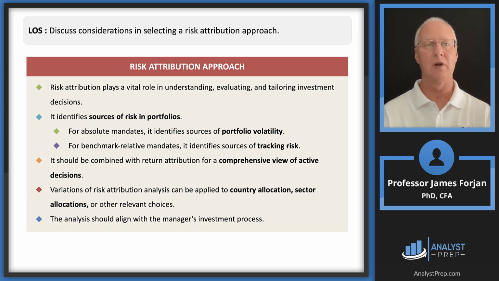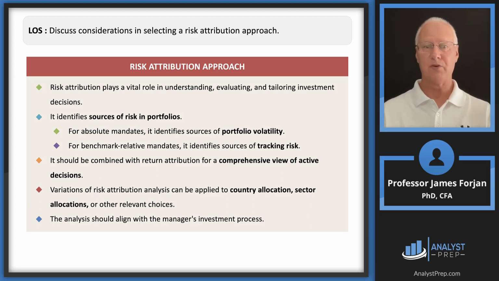So let's go ahead and start with this first LOS on risk attribution. And what I want to do is quickly call your attention to the indented diamond points. And this is really important. You need to make certain that you compare and are aware to distinguish between absolute and relative mandates. These are really, really good exam questions.